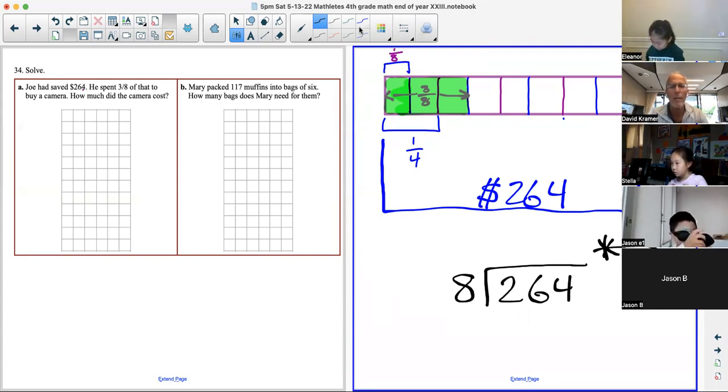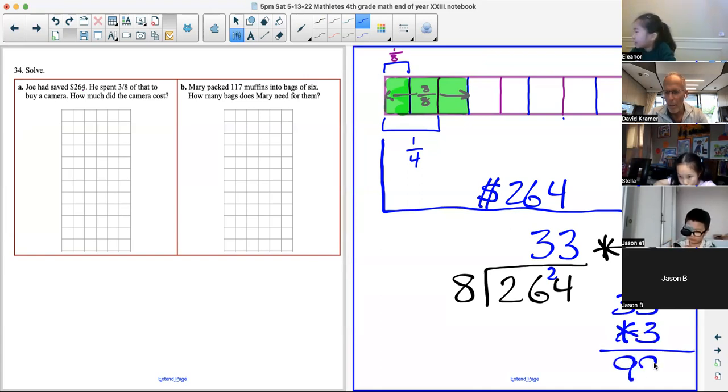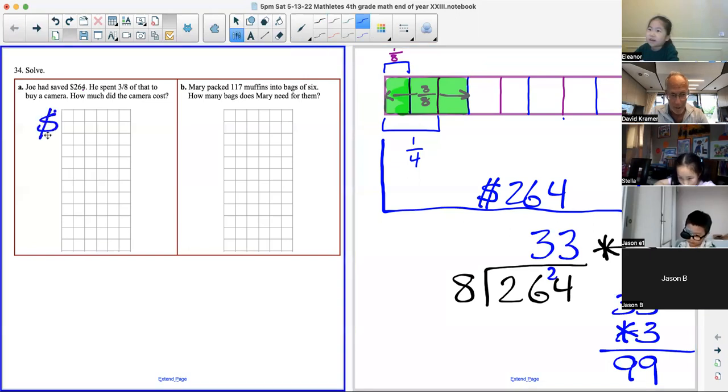Go, Stella. 264 divided by 8 equals 33. I totally agree. And then Eleanor. 33 multiplied by 3 is 99. Wow. And guess what, guys? That is exactly what the camera cost.